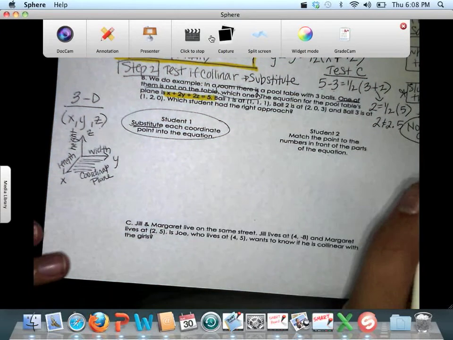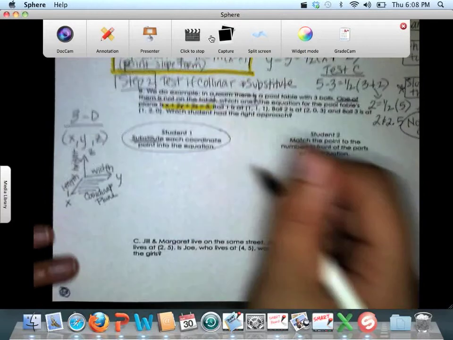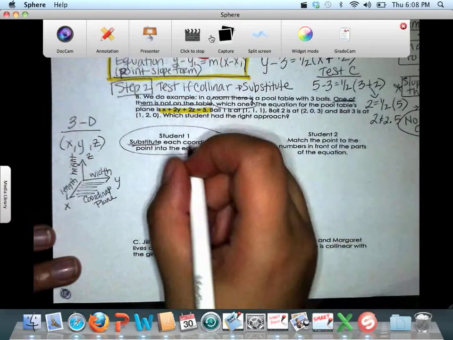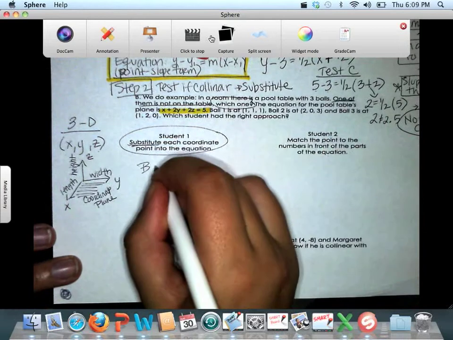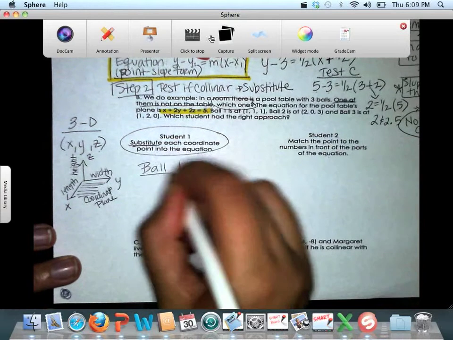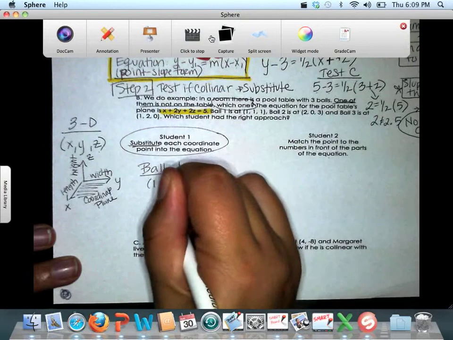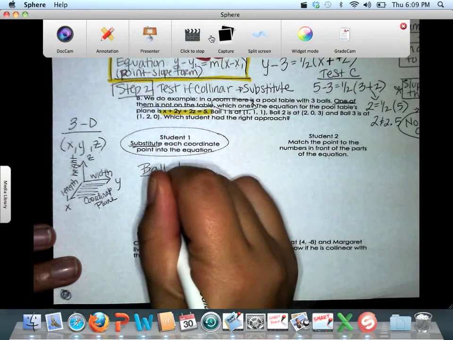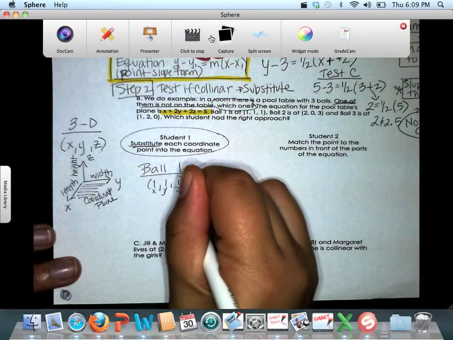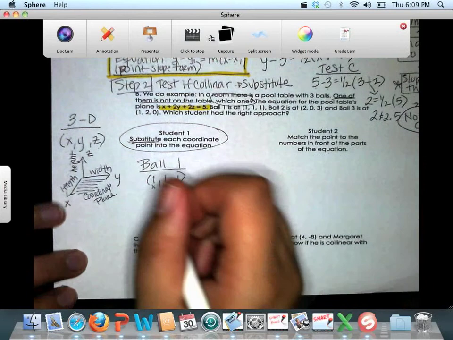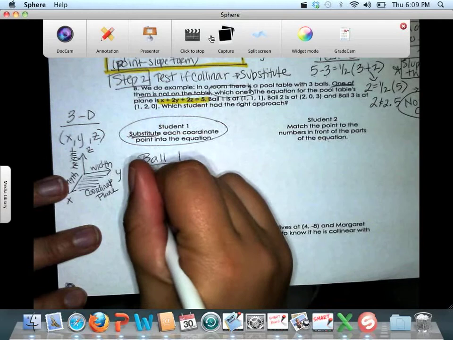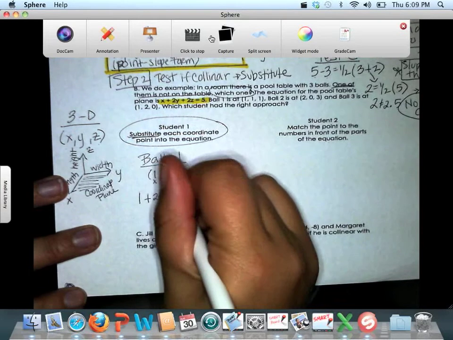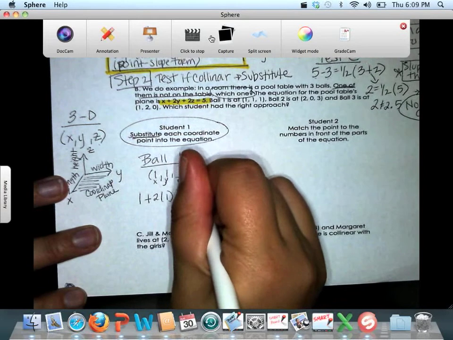But they give us the equation already, right? The equation was this. So all we have to do is test each of the balls. So let's try ball number 1 first. Now ball number 1 was 1, 1, 1. So this is X, Y, and Z. So we know our equation is this. So we have 1 plus 2 times 1 plus 2 times 1 equals 5.